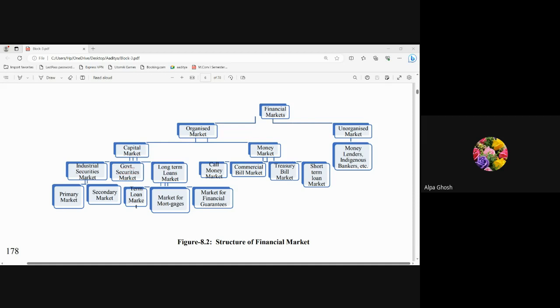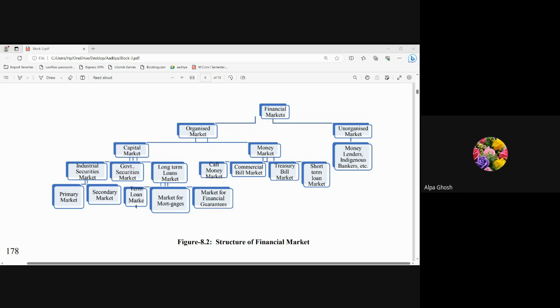When it comes to money market, then money market instruments, products are called money market. On a call, you can get the money for a shorter period of time. We have bills, we raise bills in the money market. Companies raise bills. We have treasury bill market. Treasury bill is raised by only and only government enterprises. And of course, we can also avail funds, loans for a very short period of time.